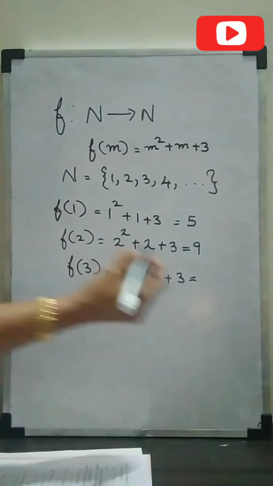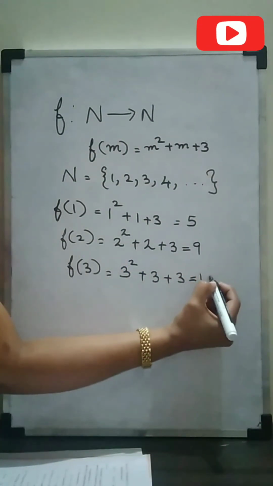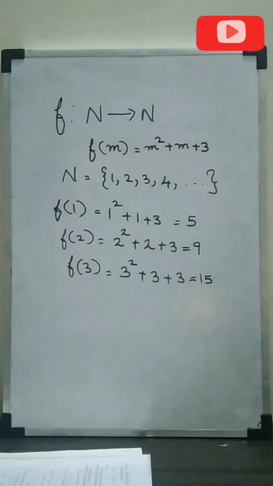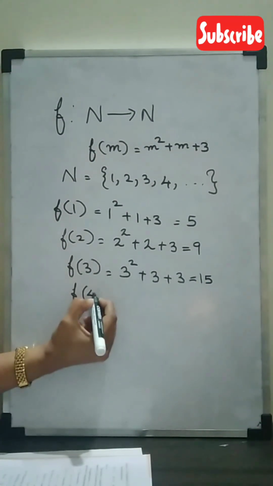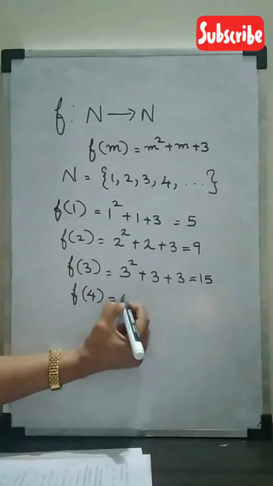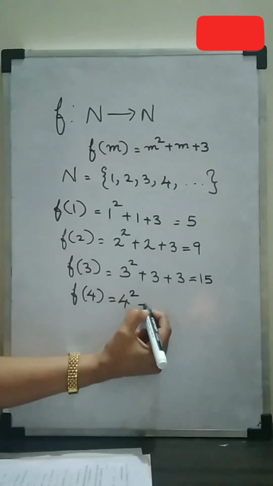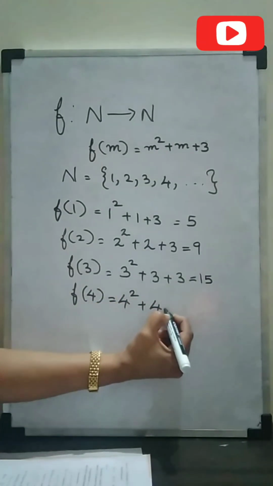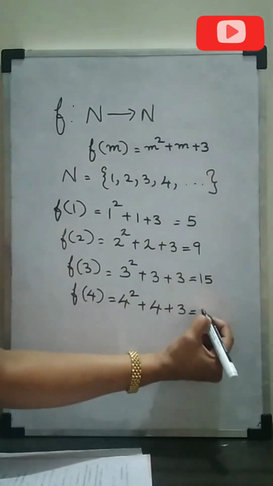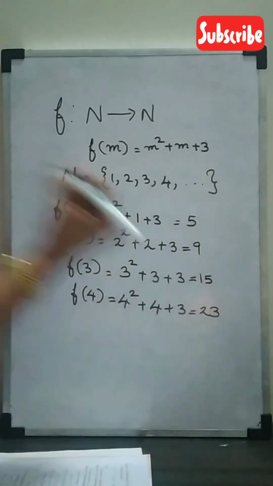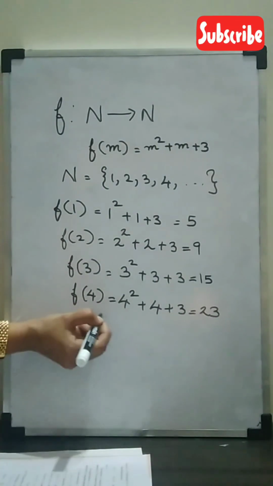That is equal to 15. Okay. One more பார்க்கலாம் நம்ம. f of 4. f of 4 is equal to 4 square plus 4 plus 3. That is equal to எவ்வளவு வரும்? 23 ன்னு வரும். Okay. And so on.